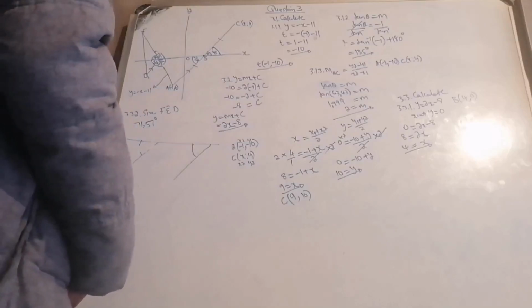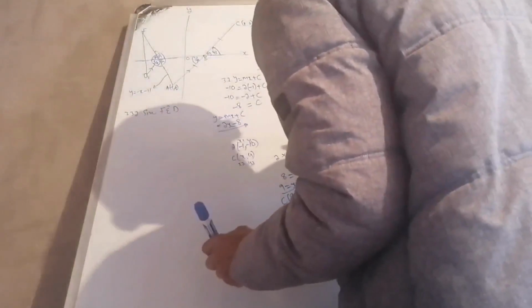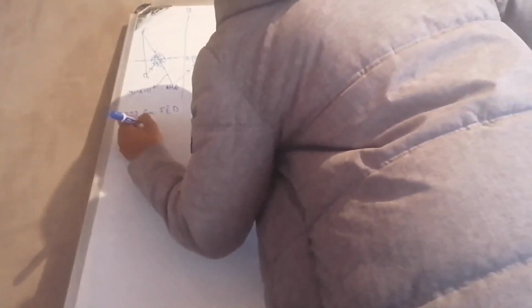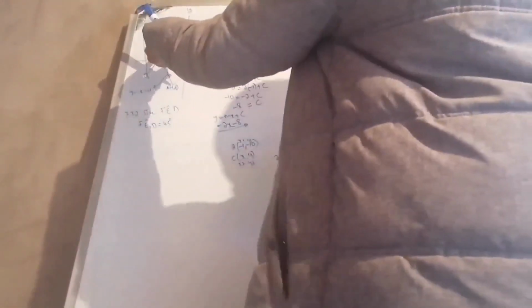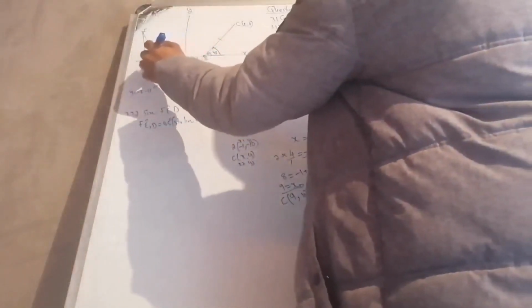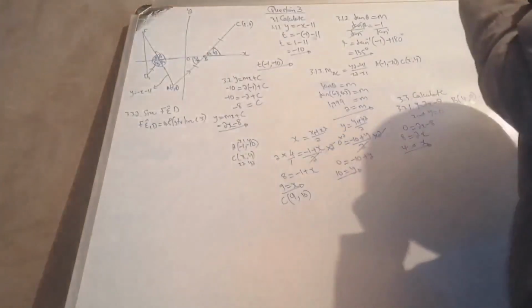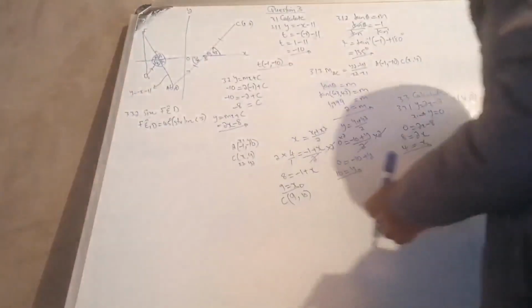So meaning my angle there, let's say FE1D equals 45 degrees. That angle that we found there. And then we can say the reason is straight line angles. Or somebody can say corresponding, it doesn't matter.